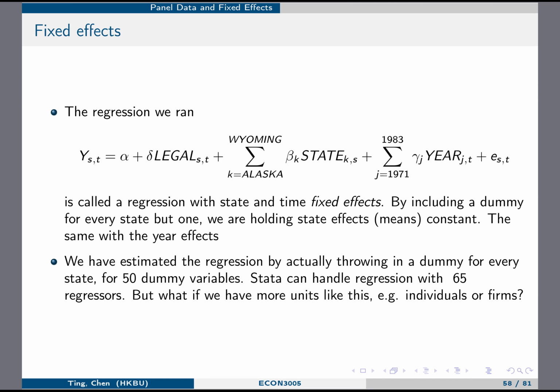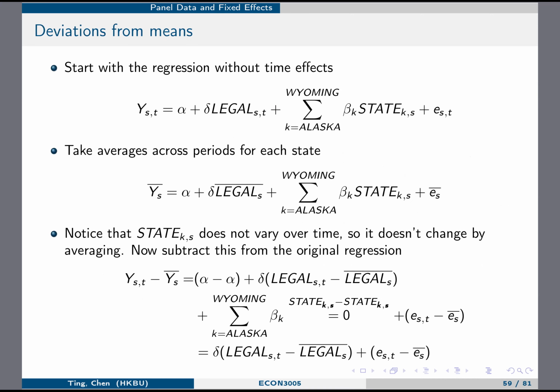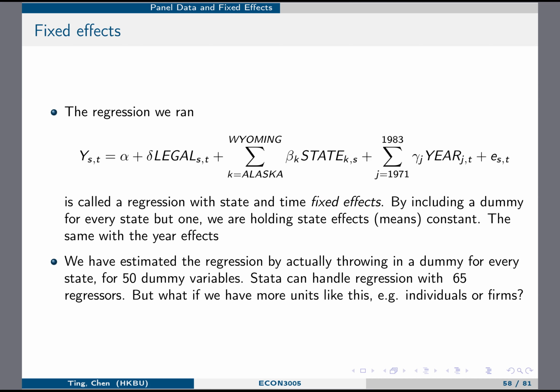So if you look at the result, there will be a bunch of dummy variables in my regression. But think about that. That doesn't seem very clean or parsimonious. It doesn't seem very elegant, right? Can we do it in a more elegant way?